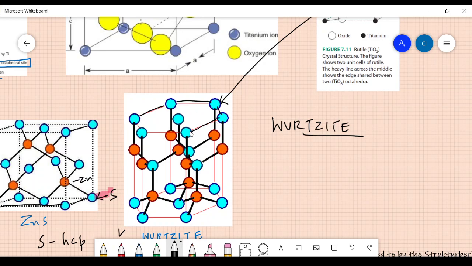This kind of arrangement we call hexagonal close packing. The sulfur atoms are arranged like this, and zinc atoms occupy half of the tetrahedral sites. That is the tetrahedral site. So if you have three circles there, let me draw a good circle.